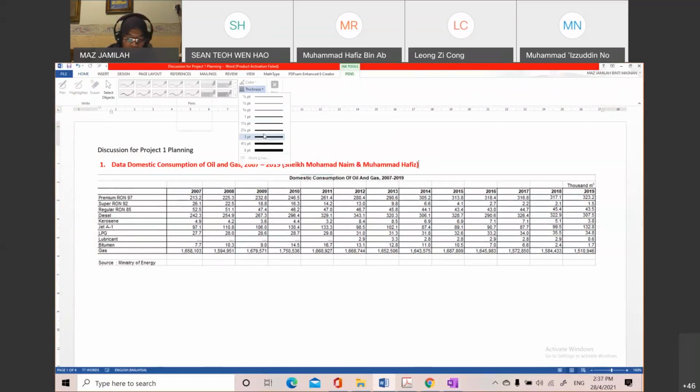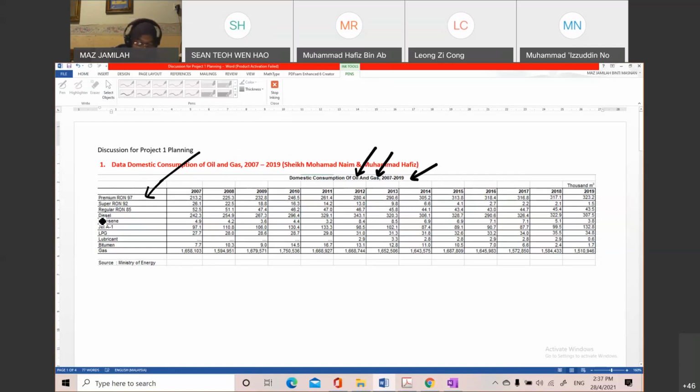When you have your data, look at every item that you have inside it. For example, I have my first column, and I should understand what it refers to. It refers to domestic consumption of oil and gas. So there are two things that this data gives, oil and gas.